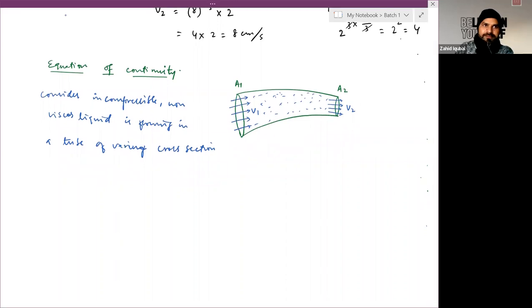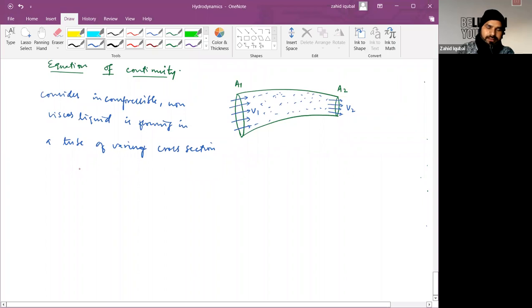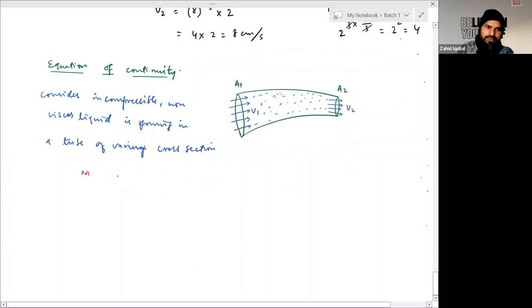So first, mass of liquid entering into this particular tube per unit time.